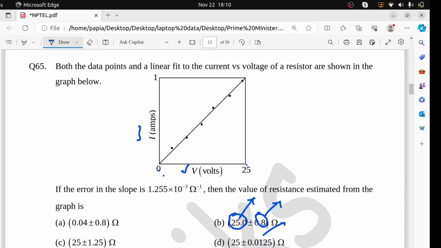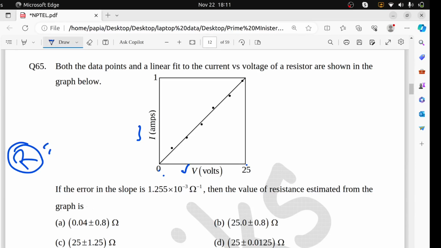So first of all, I just want to tell you what will be the value of R for the principal case. I am not talking about the error right now. Error will come in that second part. So what will be the R value here? Can you tell me? That is a very simple thing. We can see the plot, and from that plot we can see the R value. 25. How much?